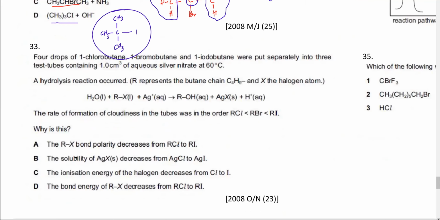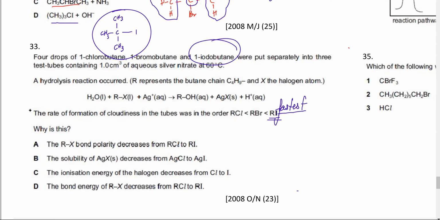So next question is: 4 drops of 1-chlorobutane, 1-bromobutane, 1-iodobutane were put separately into 3 test tubes of aqueous silver nitrate. A hydrolysis reaction occurred, then the rate of formation of the cloudiness. तो वो कह रहा है कि जो speed थी reaction की, ये iodine वाला जो halogenoalkane है, उसकी speed was the fastest. तो हमने ये डिस्कस किया था कि आयोडीन का जो बॉन्ड होता है, that's easier to break. ठीक है, that breaks very very quickly.